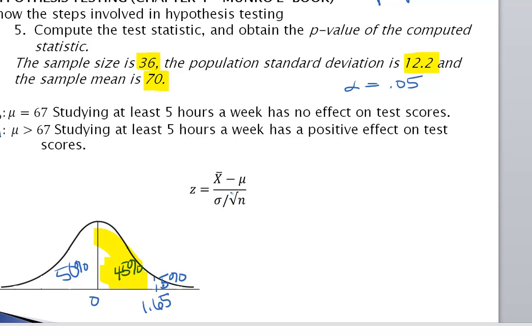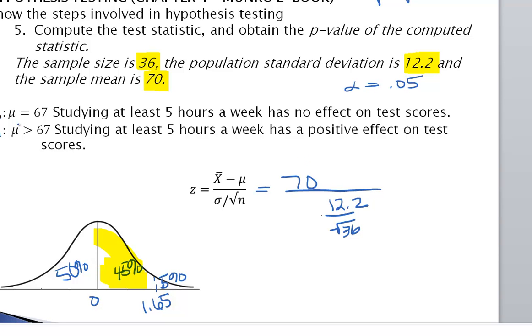Now we are going to calculate this. And here we're given the sample size, and I calculate our z-test statistic. The sample size is 36, so that is going to be the square root of 36. And then sigma, which is the population standard deviation, is 12.2. And then the sample mean is 70.